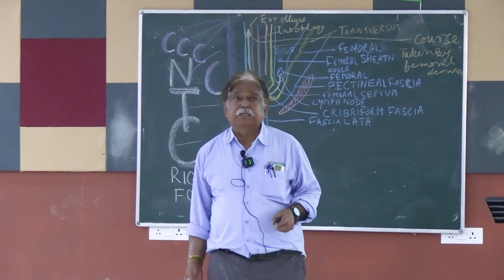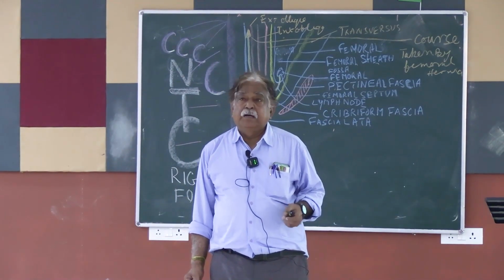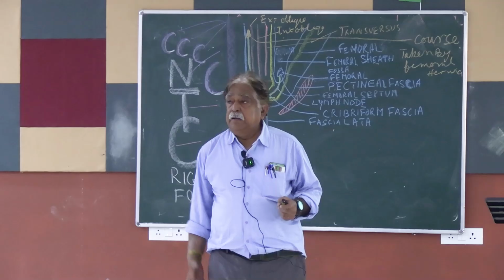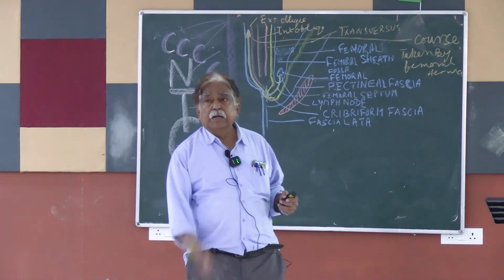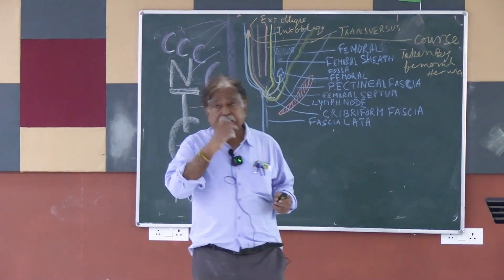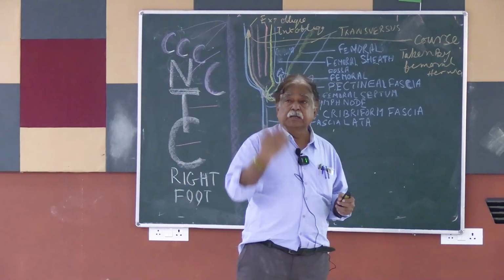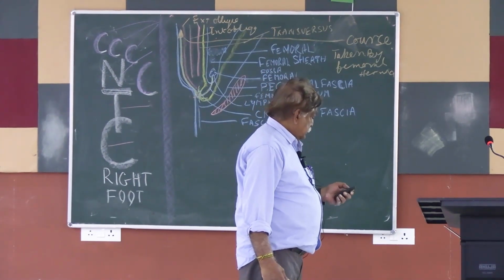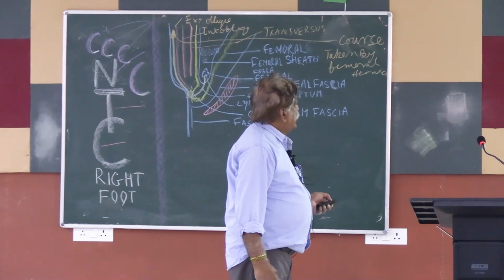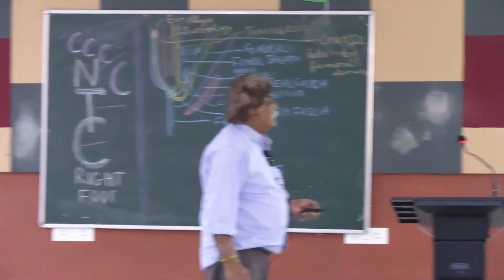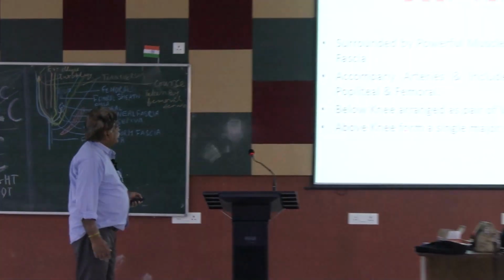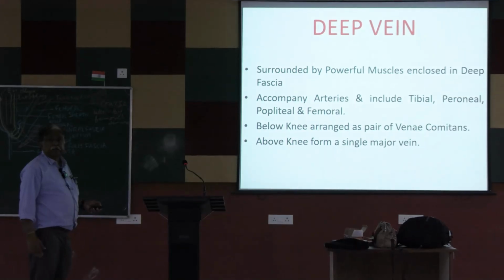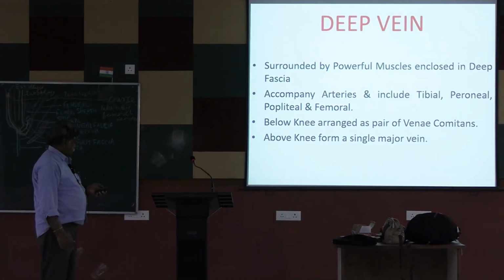Soleus is also known as the heart of the lower limb, because it pumps and the blood goes up. And this is one thing. Below knee arranged as pairs of venae comitantes. Above knee they form a single major vein.